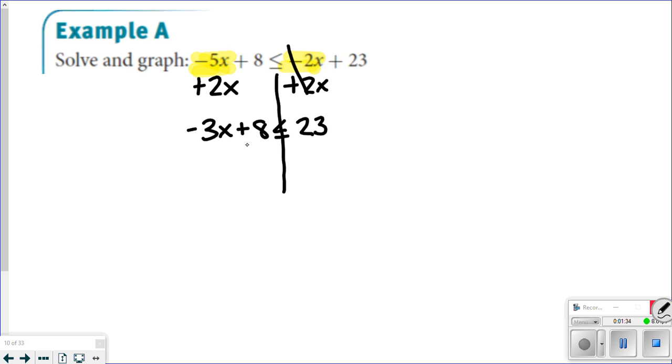So I have a positive 8. So the opposite is to subtract 8 from both sides. Subtract 8. Negative 3x is less than or equal to 25 minus 23, minus 8. We get 15.